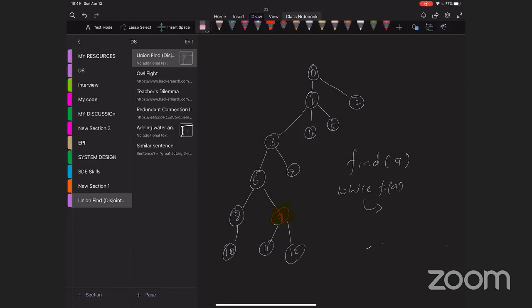Once we find its root, any node that we touch on the path, for example 9, 6, 3, and 1, we make a child of the root. So I'm going to remove 3 and 7, whose parent previously was 1, and make 0 their parent. Now 6 also: I'm going to remove 6, 8, and 10.